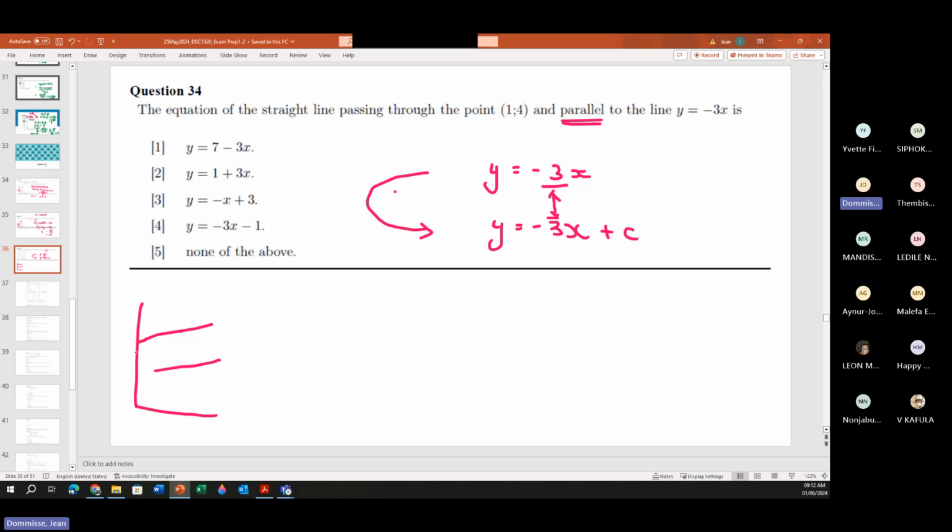The place where it goes through is going to be different, but the slope is exactly the same. So this one is negative, so it goes the other way, and it goes through the point 0 because there's no c, but the one that goes through point (1, 4) might give you something different.